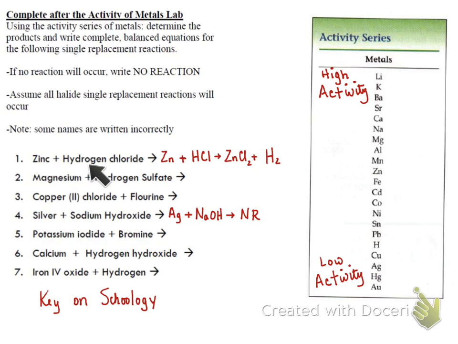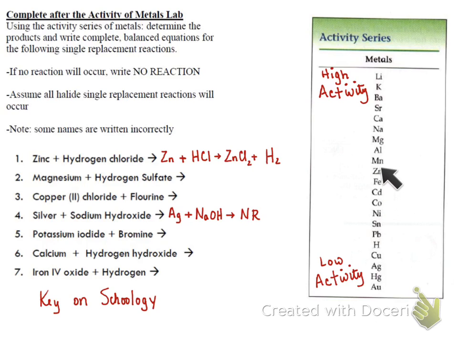So zinc and hydrogen chloride, which is also hydrochloric acid, react with each other. Zinc plus HCl. So you have to look up zinc in the activity series and hydrogen. So let's see. Zinc is up here and hydrogen is down here.